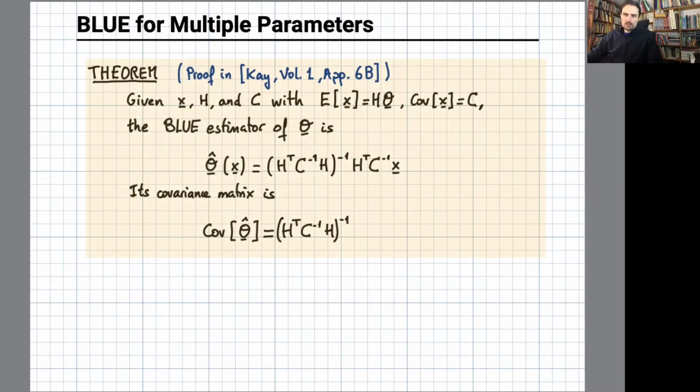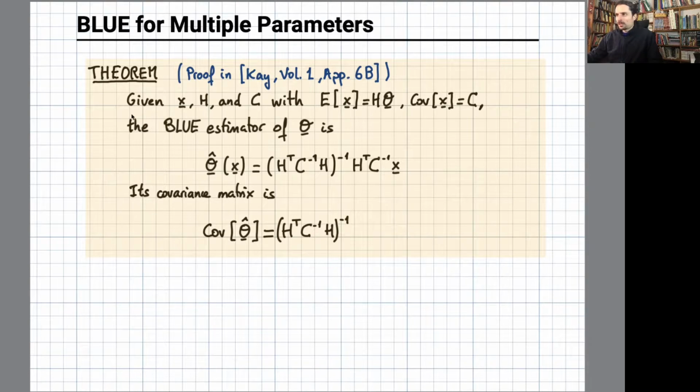Now that we understand the BLUE when we have to estimate a single parameter, let us look at the more general scenario where we have to estimate an arbitrary number of parameters.